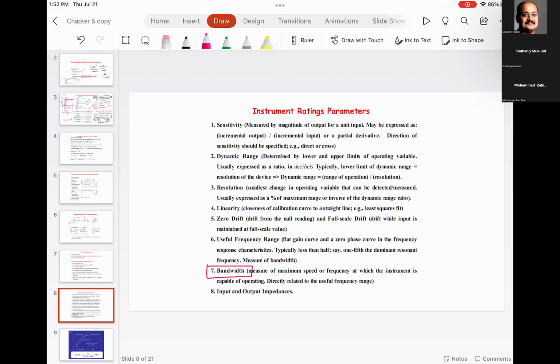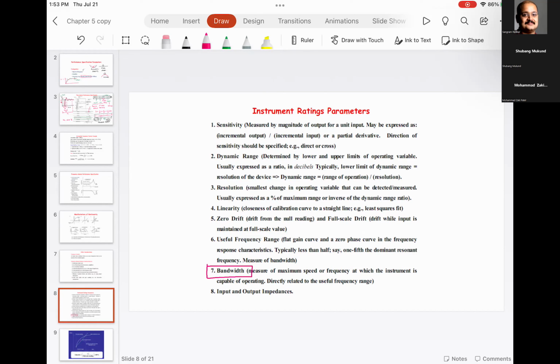So what is bandwidth? If you talk to a control engineer, bandwidth means the useful frequency range, and what is useful is defined by that person. For example, a controls engineer will say this is the bandwidth of my filter, which means my filter works only in this frequency range.